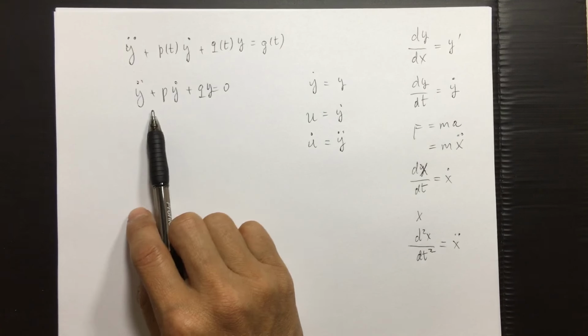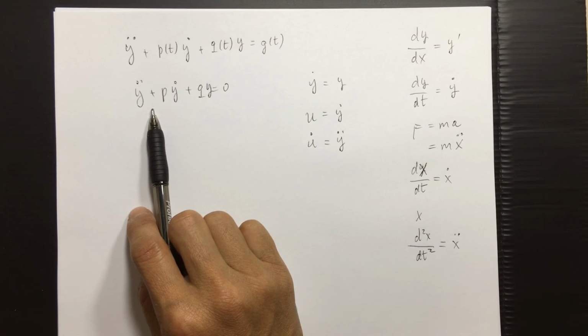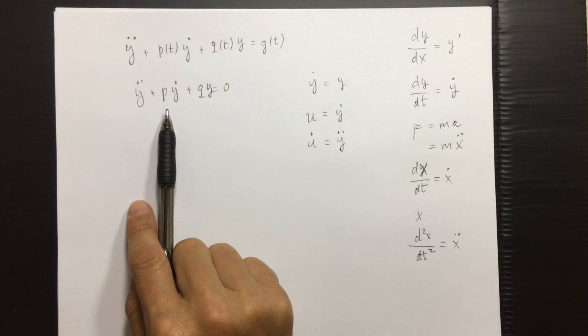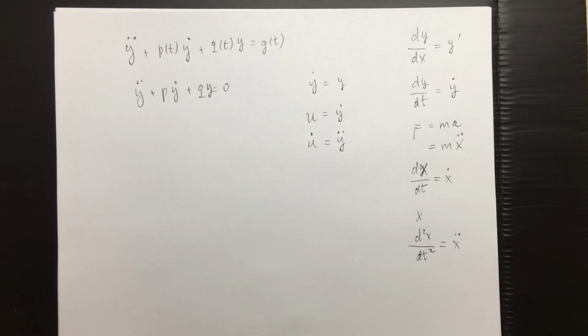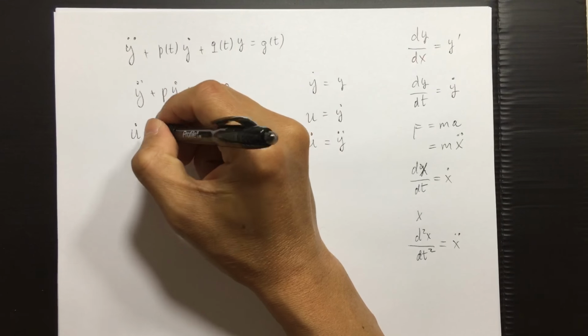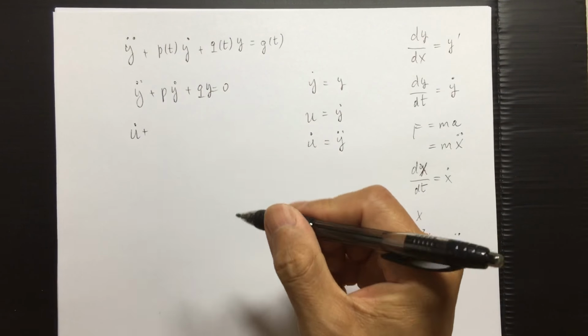If I can make this into, let's see what's the best way to do this. If I can split this up somehow, let me just write this up. Okay, u dot plus something, right?